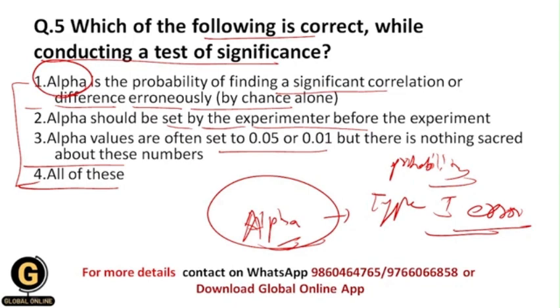Again, this statement is correct because the smaller the value of alpha, the greater the significance of the test. I mean to say that your test results will be more significant when the alpha value is smaller. All of you getting? And that's why all of these options are correct in regard to the test of significance.